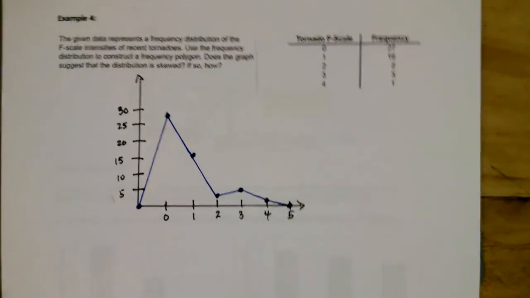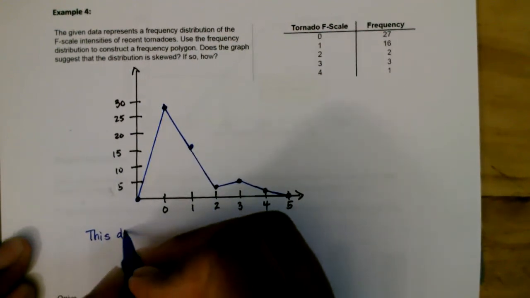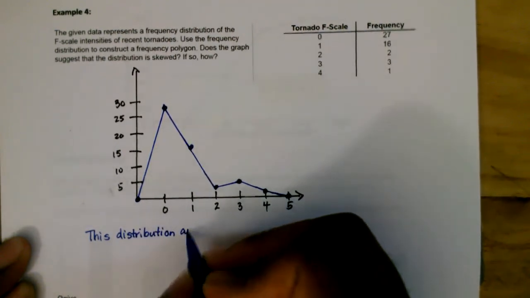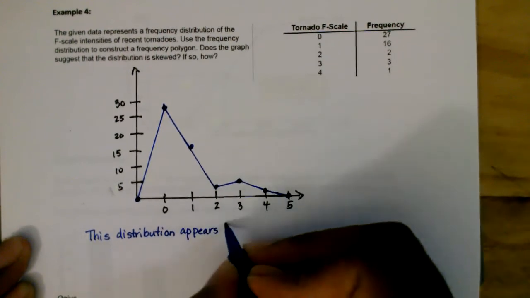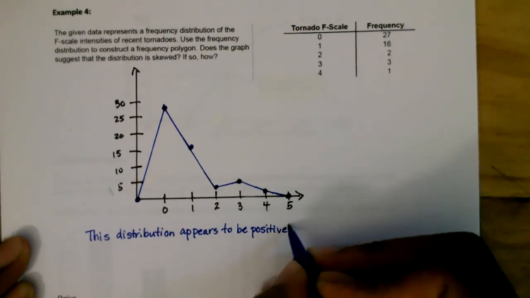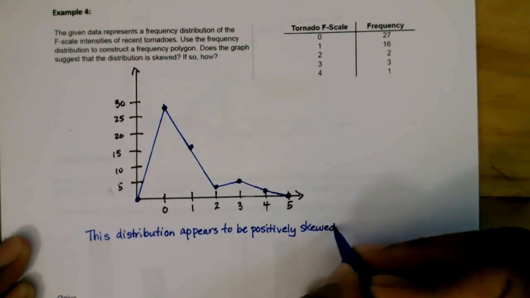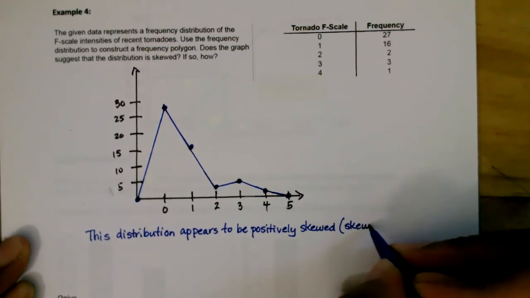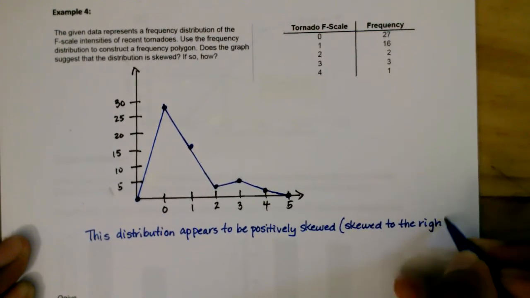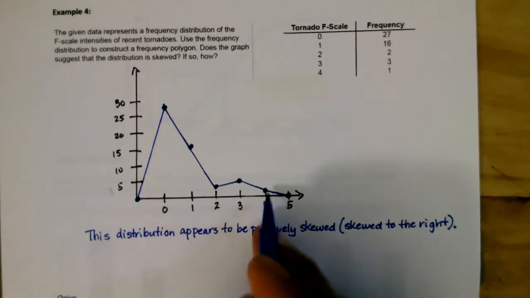So that means that this distribution appears to be positively skewed, or we can say skewed to the right, because it has a long right tail, as you can see.